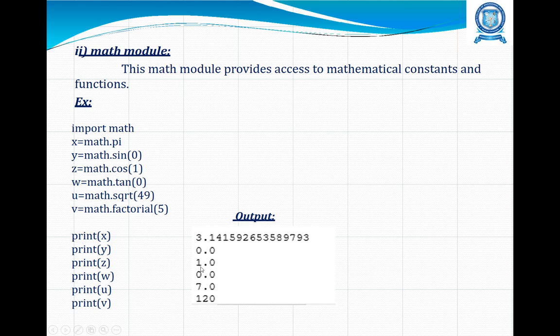Cos of 1 value is 1. Tan of 0 value is 0. Square root of 49 is 7. These are the mathematical functions already available in the Python math module, so we can access them by using this module.